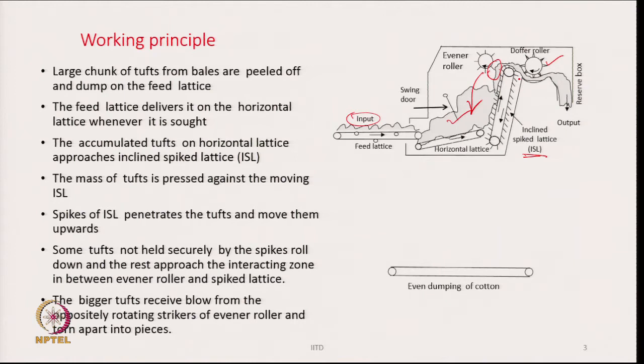It should always rotate in the clockwise direction, and it will be able to strip the surface of the inclined spike lattice, and those tufts will move forward and then fall into the reserve box as shown in the diagram.